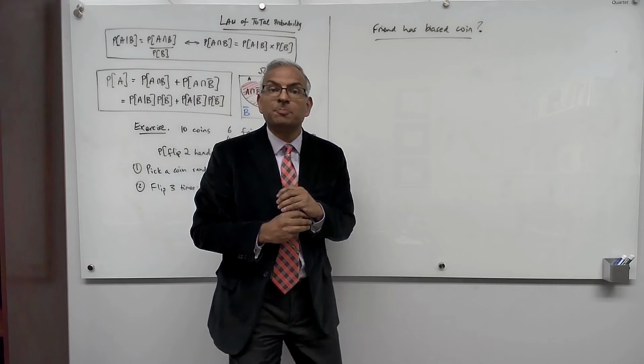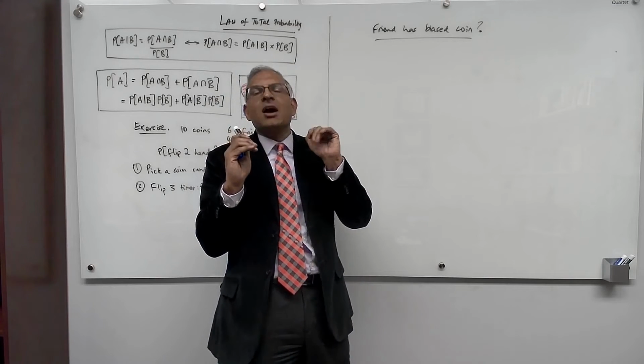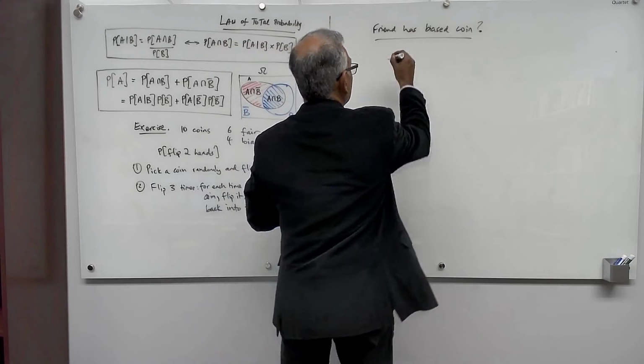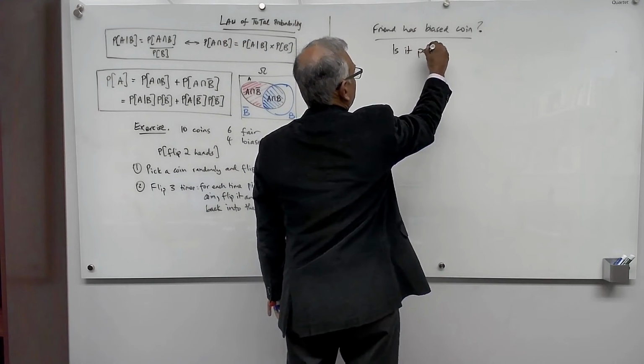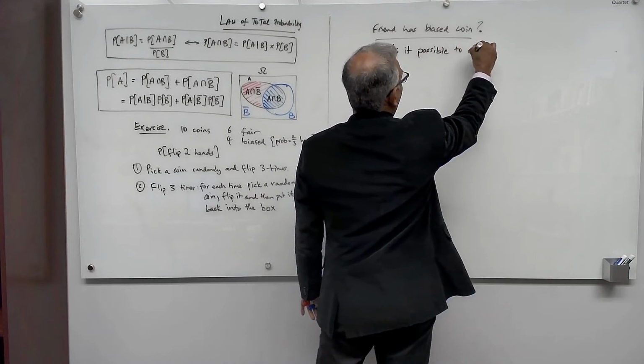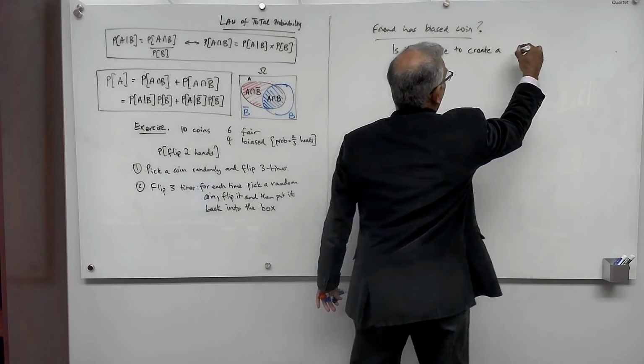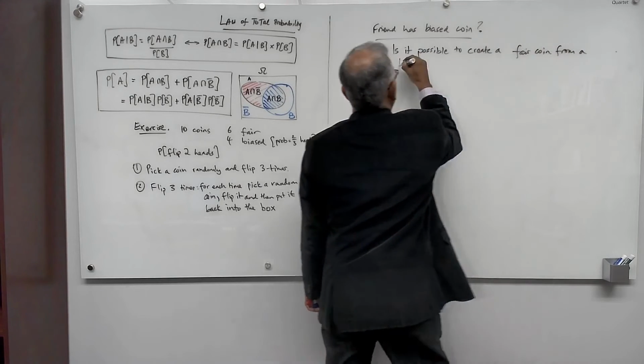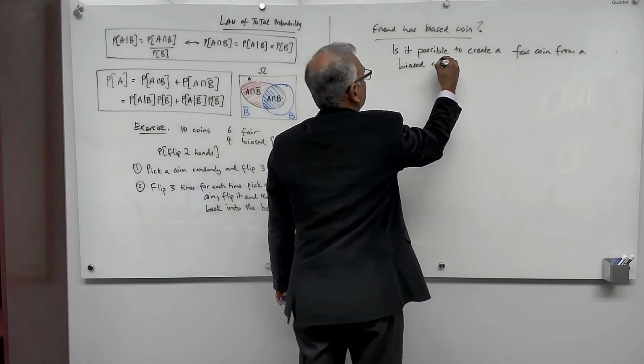So is it possible to create a fair coin from a biased coin?